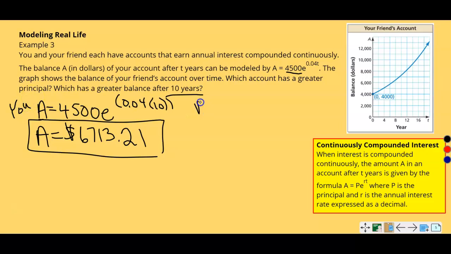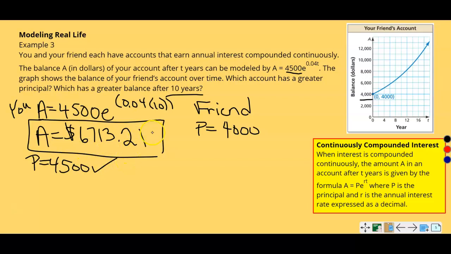And then your friend, we can look at the graph, and the principal we already established is 4,000. And here the principal is 4,500. So you have the higher principal.